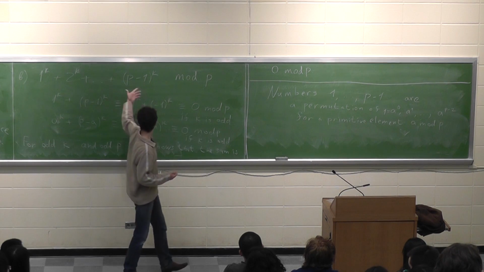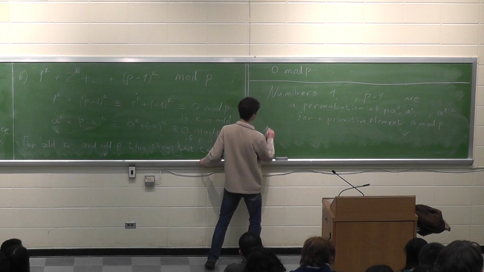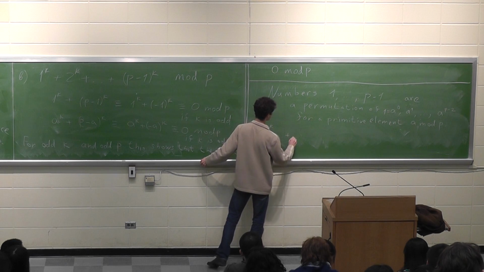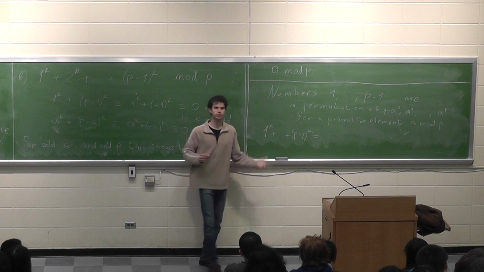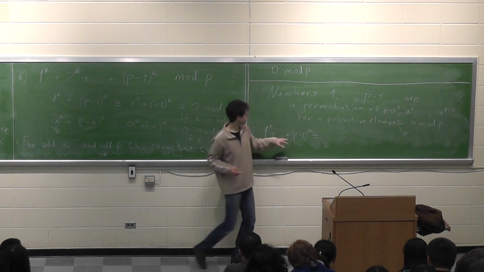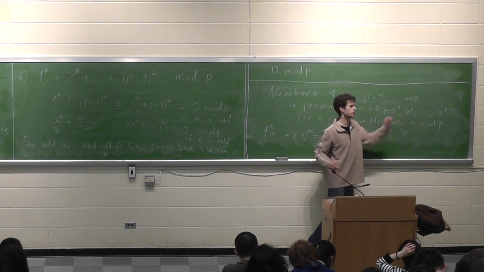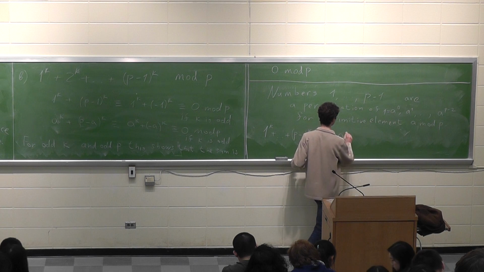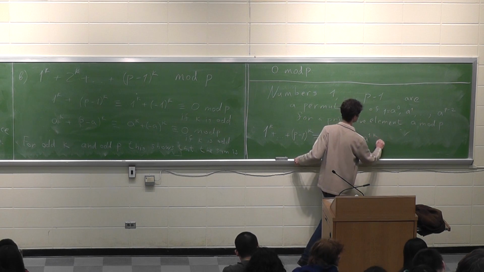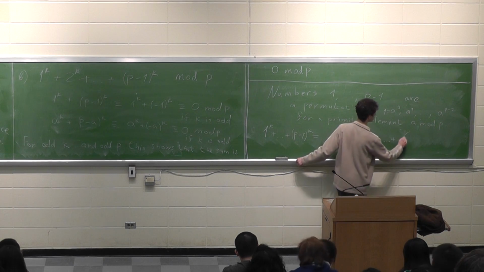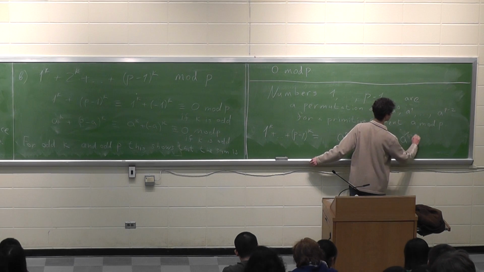Okay, now what is this sum? 1 to the power k plus and so on plus p minus 1 to the power k. Let me write each element in this form. So I can write this as a to the power 0 times k plus a to the power 1 times k plus and so on plus a to the power p minus 2 times k.